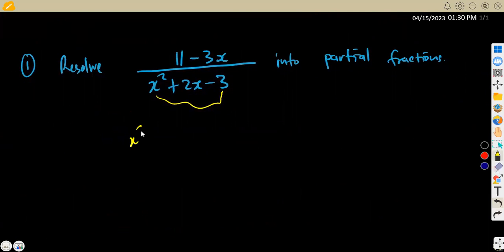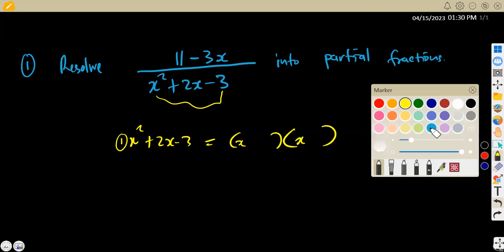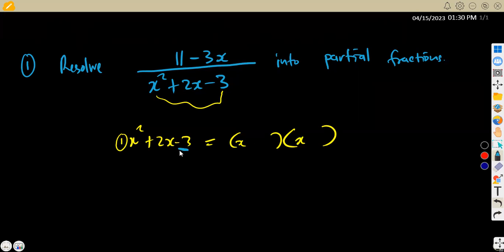So we're given x squared plus 2x minus 3, whereby the coefficient of x squared in this case is 1. So we can have 2 brackets, x here, x there. Remember, we focus on the constant -3. Factors of -3 that, when we add, give us +2.